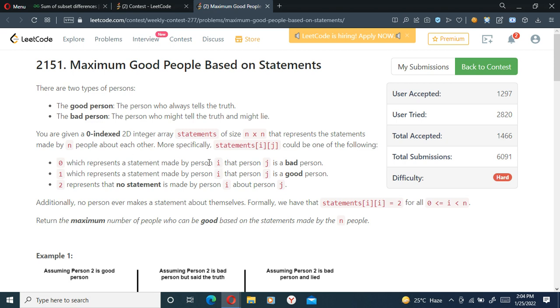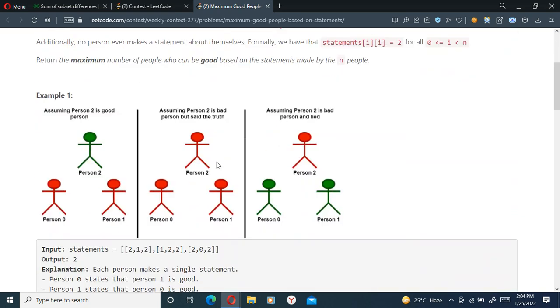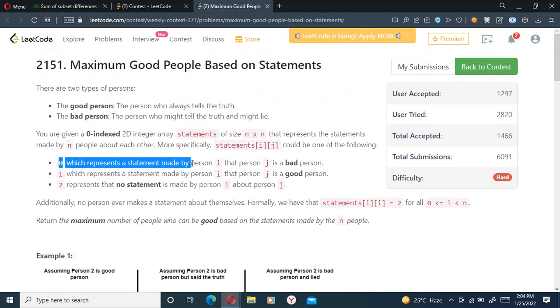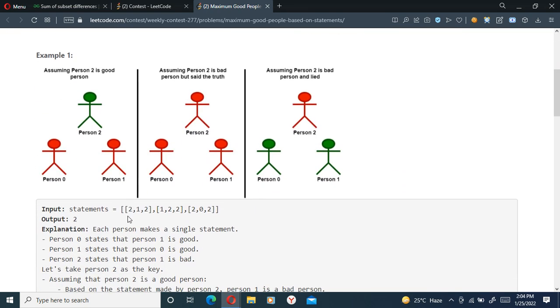person that person j is bad. 0 represents a statement made by the person i that person j is a bad person. The jth person is said to be nothing.